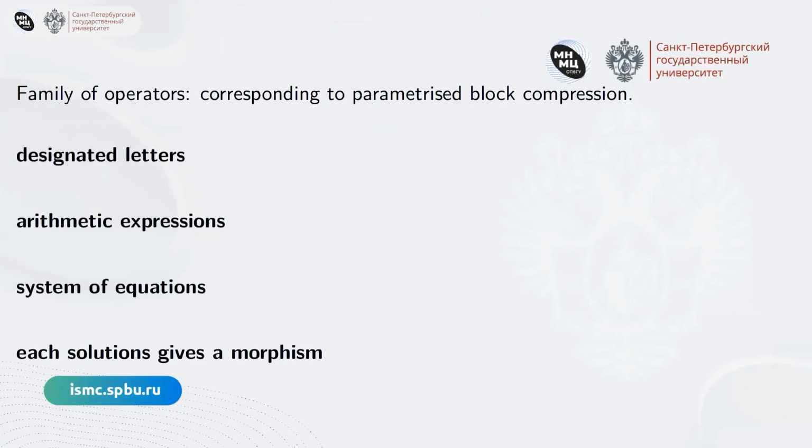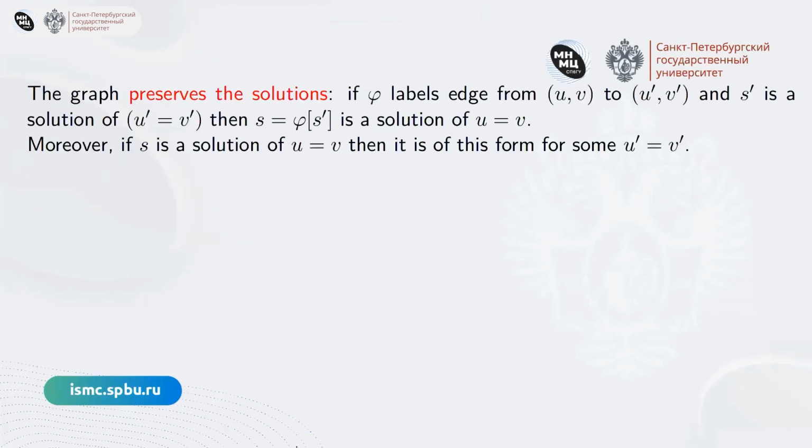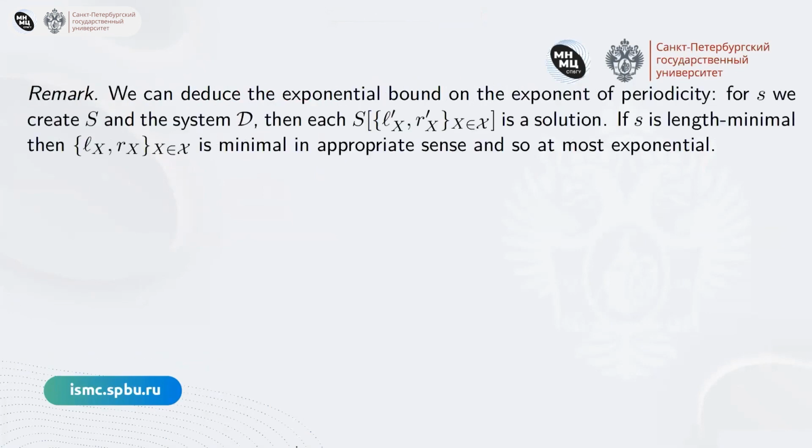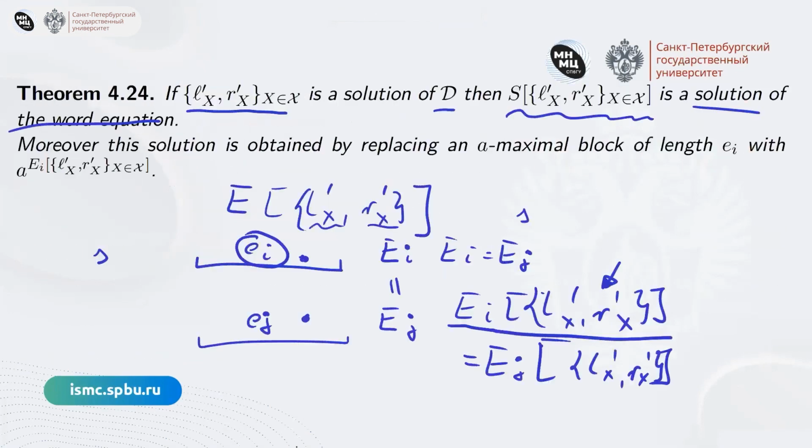I think that what happens is that we just try to understand how the maximal blocks in the minimal solution, within X's, look like, express them through Lx and Rx, and then find the solution to this system.